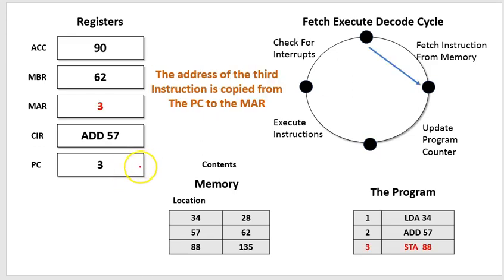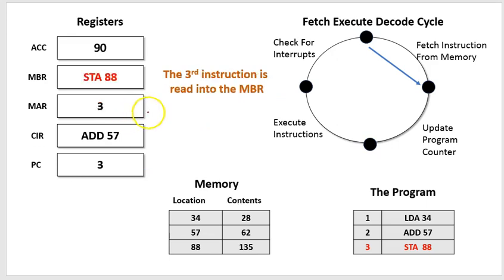So of course the address of the third instruction is copied from the program counter into the memory address register as before. The third instruction is read into the memory buffer register. So here's the address of the third instruction.